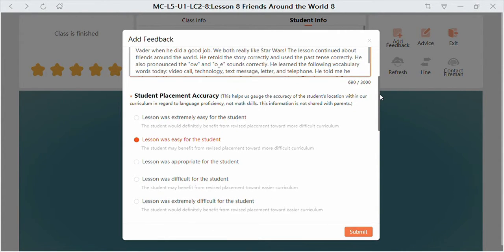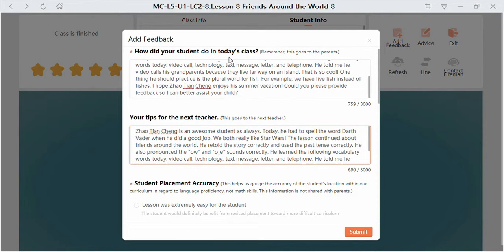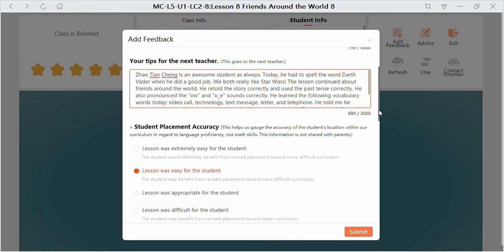But likewise, just like I mentioned earlier about writing one-word responses for the parents, if you do the same thing for teachers, and all I can read is, the student did a good job today, that tells me nothing about their academic performance. It's a very vague statement, and I can't really do anything with that as a tutor or as a teacher.